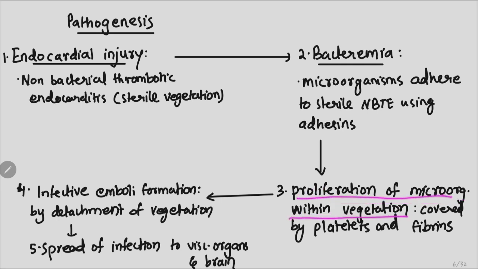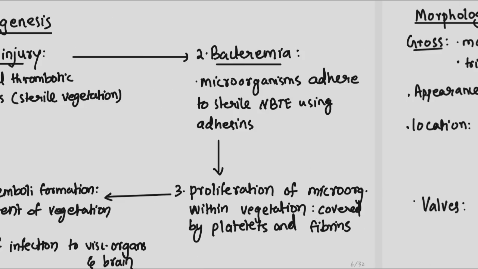It is further covered by a layer of platelets and fibrin, and within that vegetation these microorganisms grow, which can further lead to infective emboli formation. This vegetation can detach from the heart valves and become an infective embolus that travels through the blood vessels and lodges in the capillaries of other organs, leading to spread of infection to the visceral organs and also the brain.